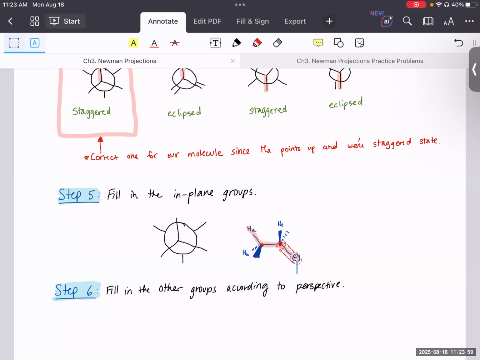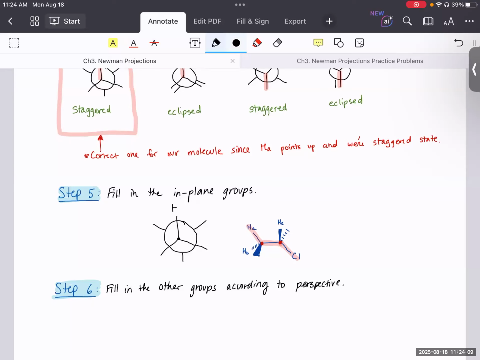And we want to take those highlighted red atoms and fill them in. So we know that HA is bonded to that front carbon. So HA will be pointed up, which means that the chlorine, which is on the opposite side of HA, is going to be directly opposite, bonded to the back carbon. And so we've now filled in our HA and chlorine.